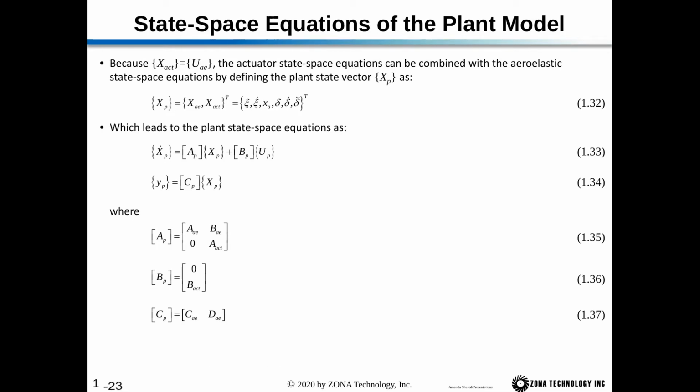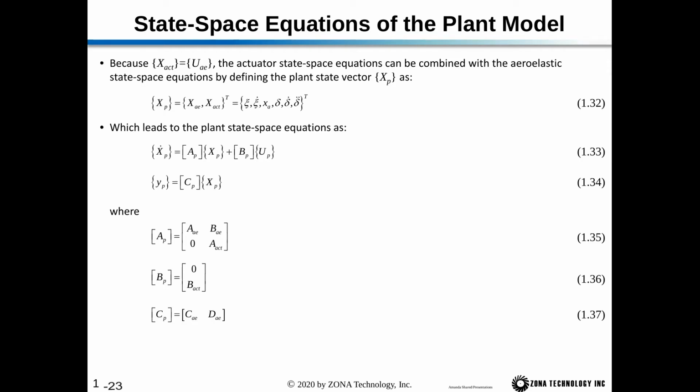Next, we'll look at the state space equations of the plant model. Now, because our x actuator equals UAE, then the actuator state space equations can be combined with the aeroelastic state space equations by defining a plant state vector xp, where xp is a combination of xae and x actuator. So breaking that up, we have c, c dot, xa, delta, delta dot, and delta double dot. These are our plant states.